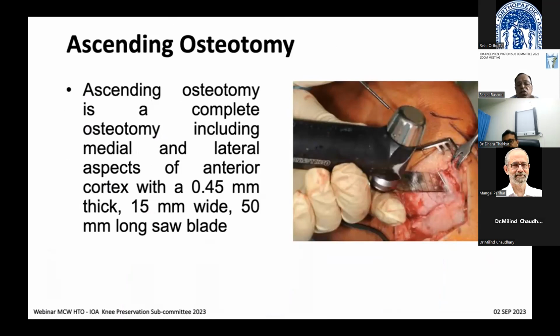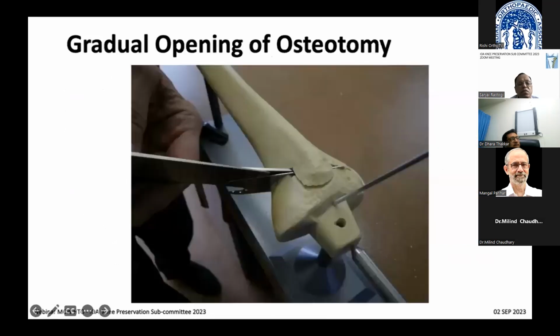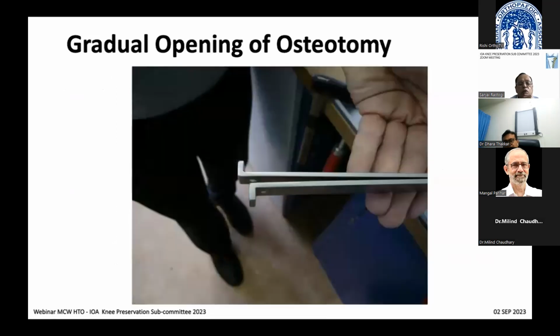The cutting is done by keeping the blade perpendicular to the bone and then making it parallel to the ground to cut the anterior portion. After the osteotomy, a ruler is used to measure the gap and also to see that the osteotomy is complete. And then we gradually open the osteotomy by passing one and more chisels.